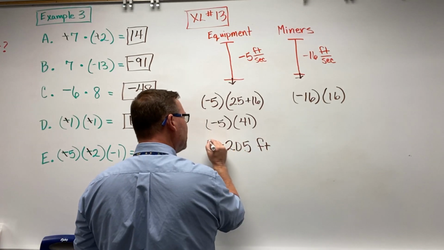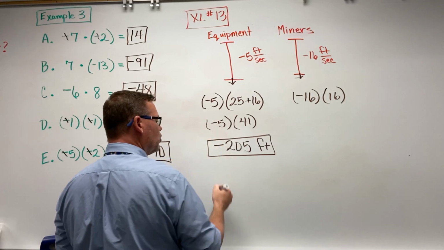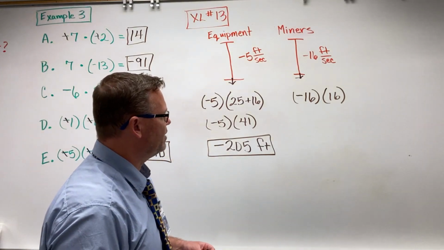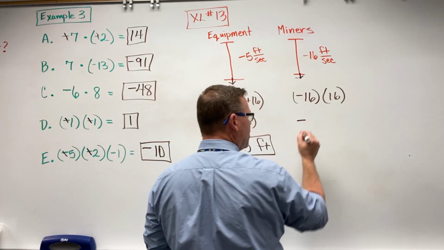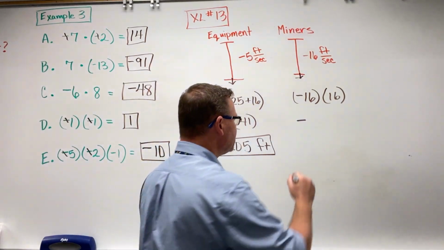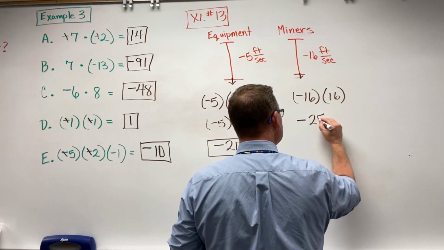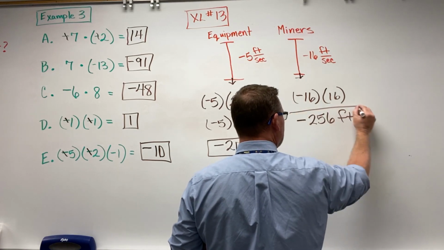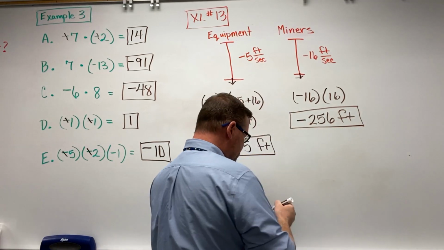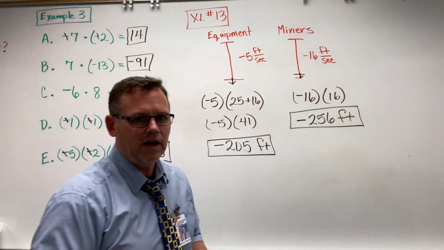So they are 205 feet below the surface, or -205. This is a negative multiplied by a negative, so it's going to be a negative outcome. When I multiply these, it's 256 feet below the surface. So -256.